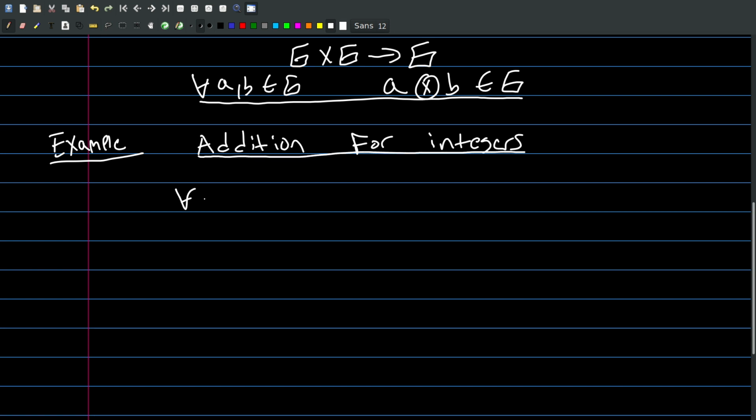So for all A, B in the integers, A plus B is in the integers. So you grab two elements and that element is in the integers. Okay.